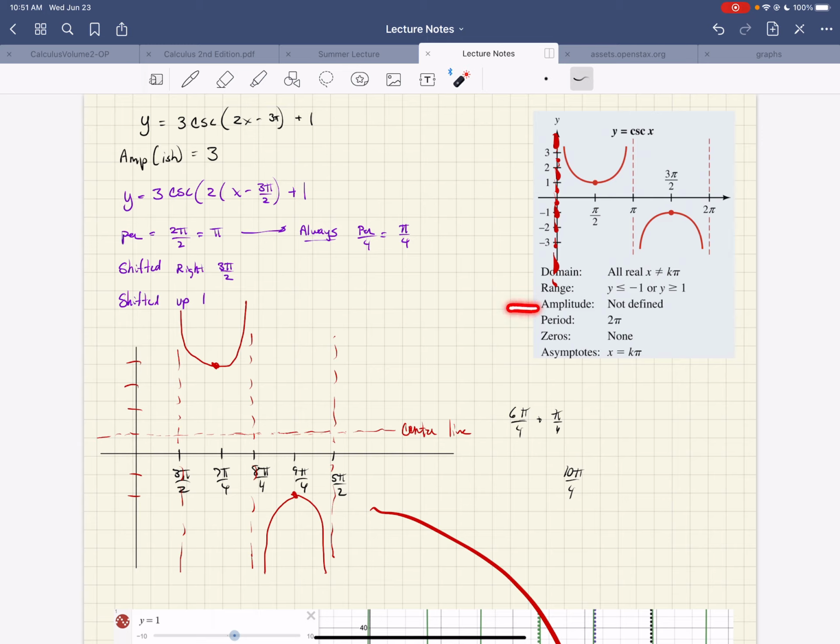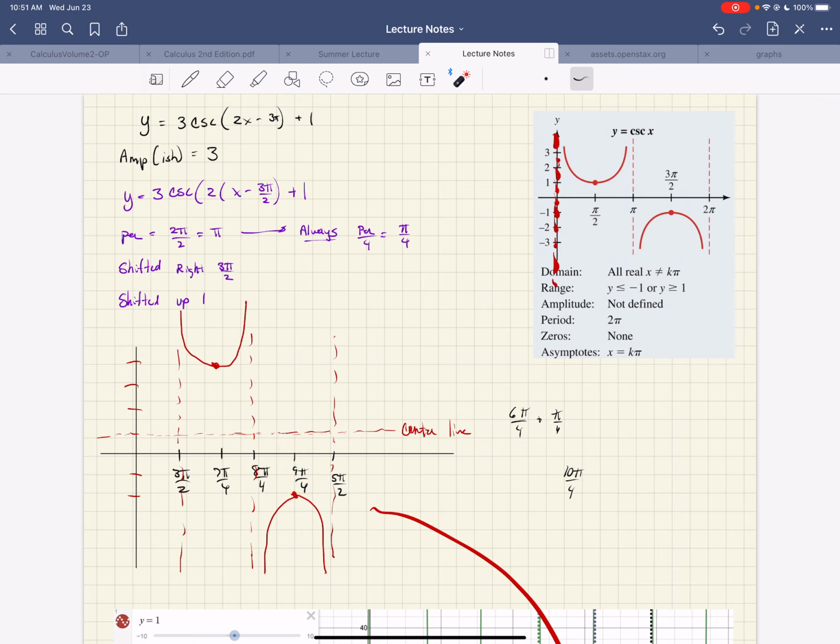So notice this, it says not defined for the amplitude. That's why I said amplitude-ish. And what it does is, notice this is a 1 and a 1 right here, because there's a 1 out front. If we have a 3 out front, we're going to go 1, 2, 3 above and 1, 2, 3 below.